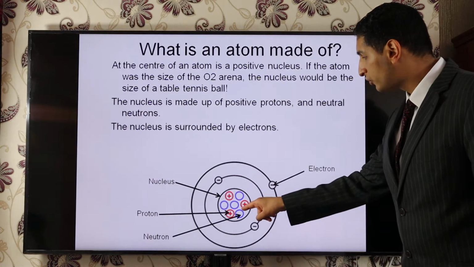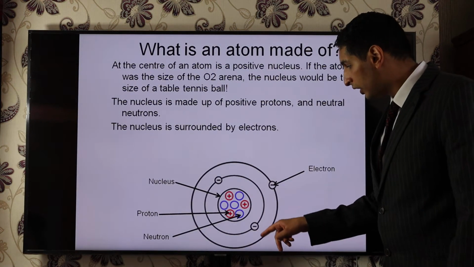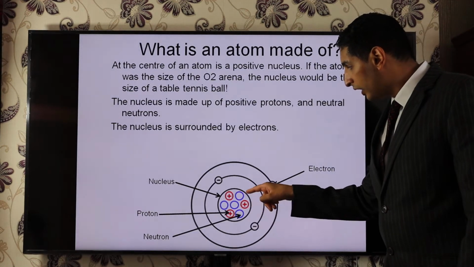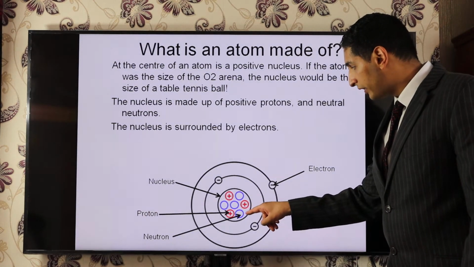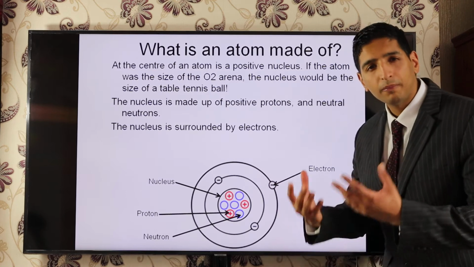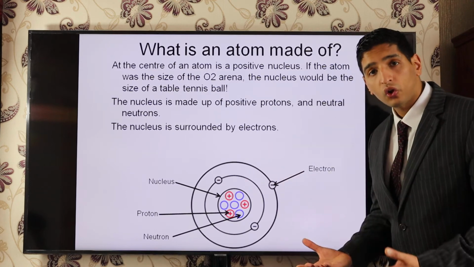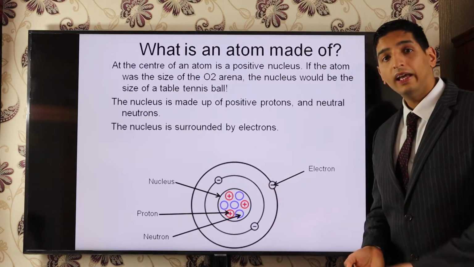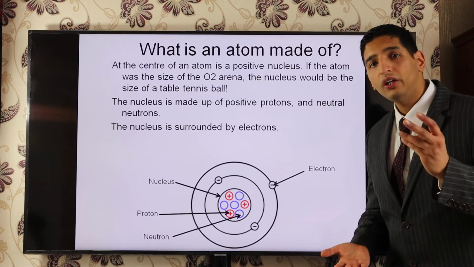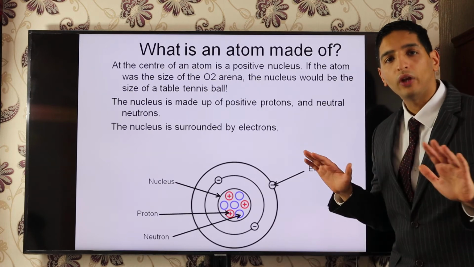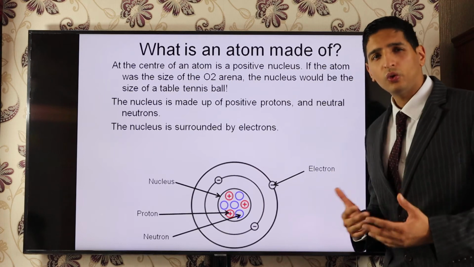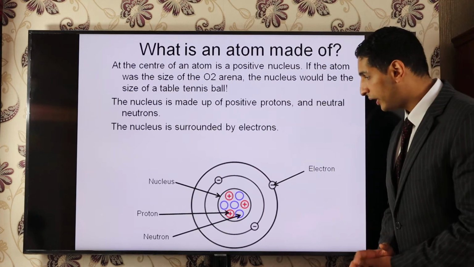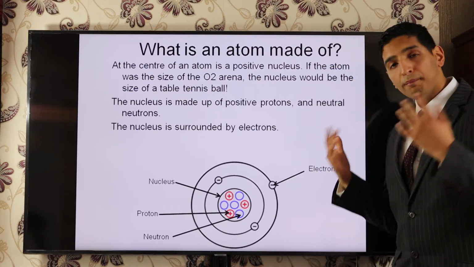We've got the protons and neutrons in the nucleus, and we've got electrons. Now it's important to understand protons are positively charged, electrons are negatively charged, and neutrons don't have a charge. Also, the masses of them.